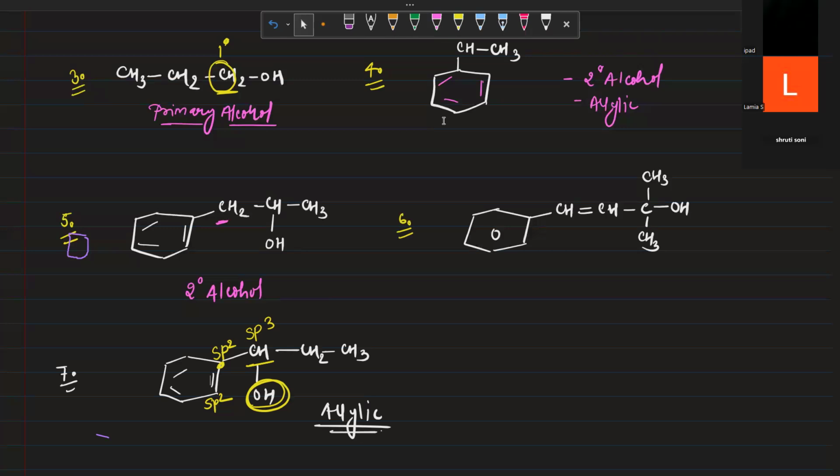OH is attached to an sp3 carbon. So then vinylic, OH is attached to sp2. Oh, OH is attached to sp2.